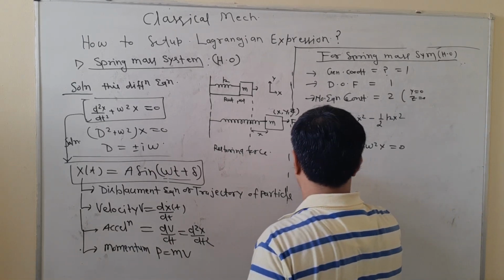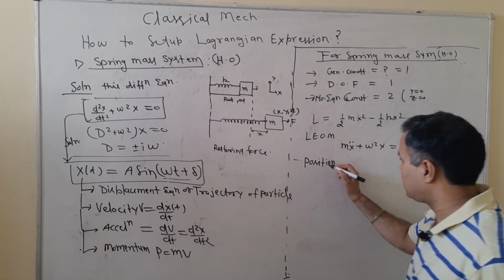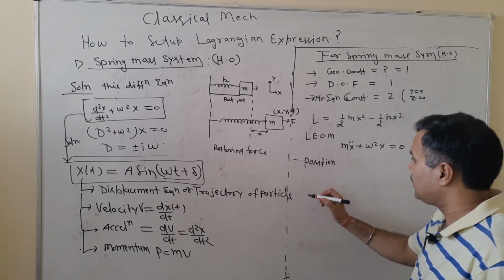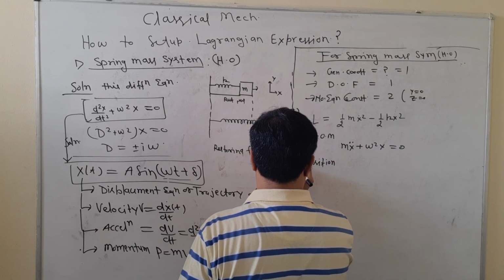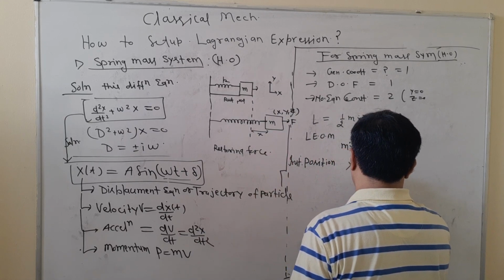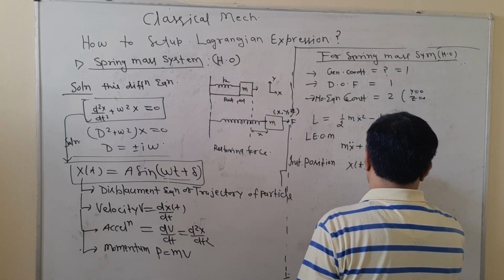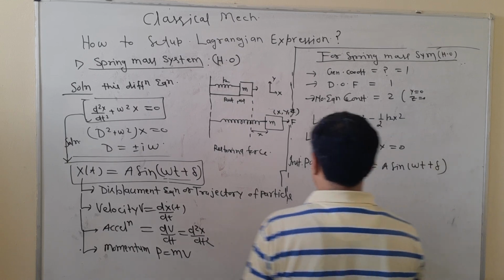Position, or instantaneous displacement, you can write as x of t equals A sin(omega t plus delta).